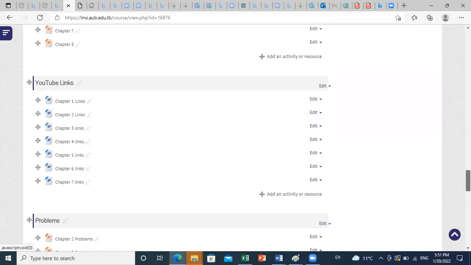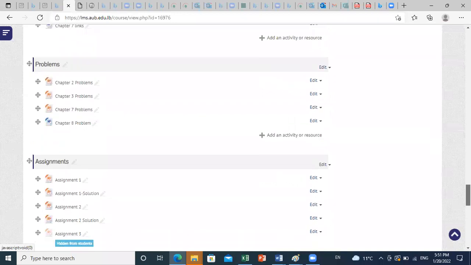Now, in the problem section, we have problems to practice on the chapters. Not all chapters will involve problems, because some chapters give you information about energy, but other chapters implement physics principles, and we need to practice on them.